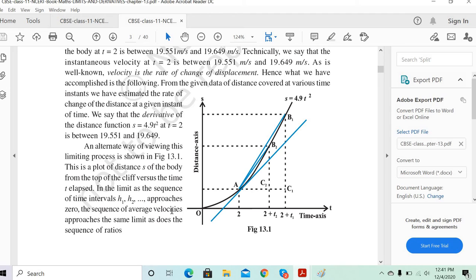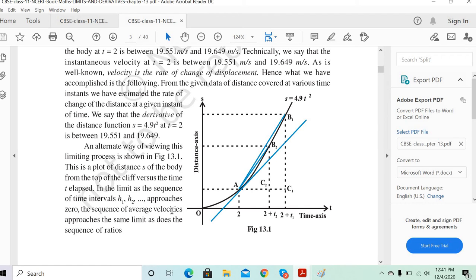Excellent. Perfect, Tanisha. So with this graph, O, A, B2 and B1, this is the graph of distance versus time. So this looks like a curve, right?